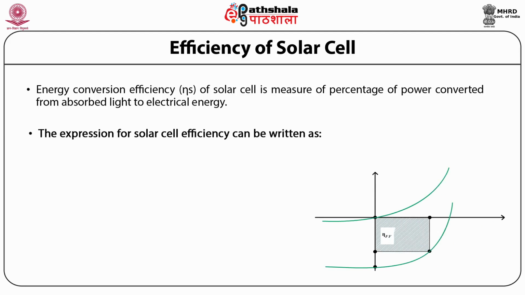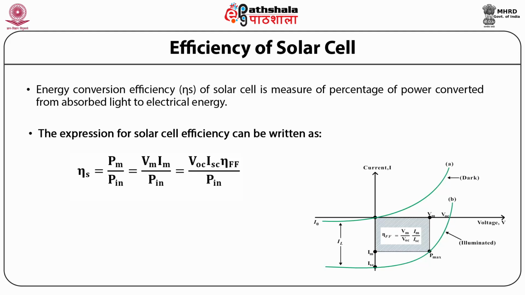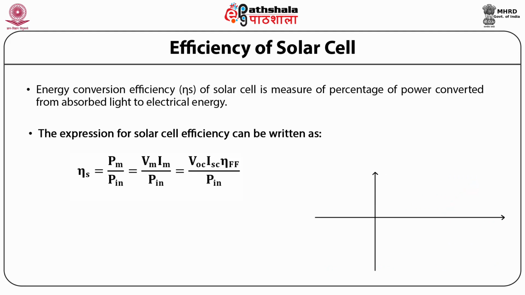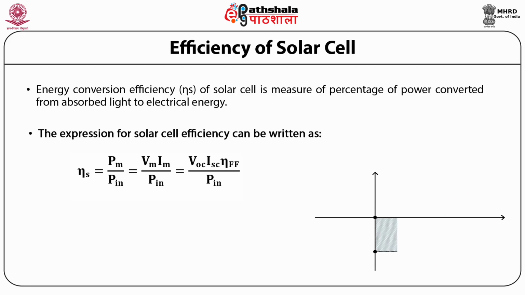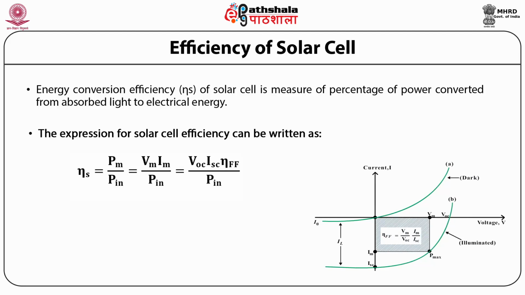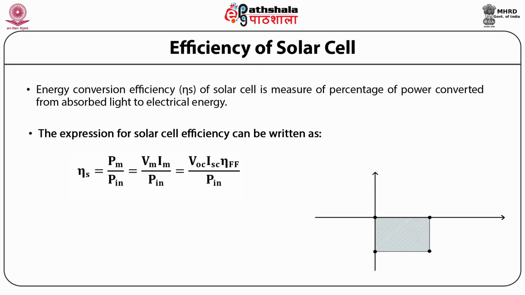The expression for the solar cell efficiency can be written as eta-S equals Pm divided by Pn, which is equal to Vm Im divided by Pn, and this is equal to Voc Isc fill factor divided by Pn, where Vm and Im are the voltage and the current at the maximum or the highest power point, which is shown in the figure also.